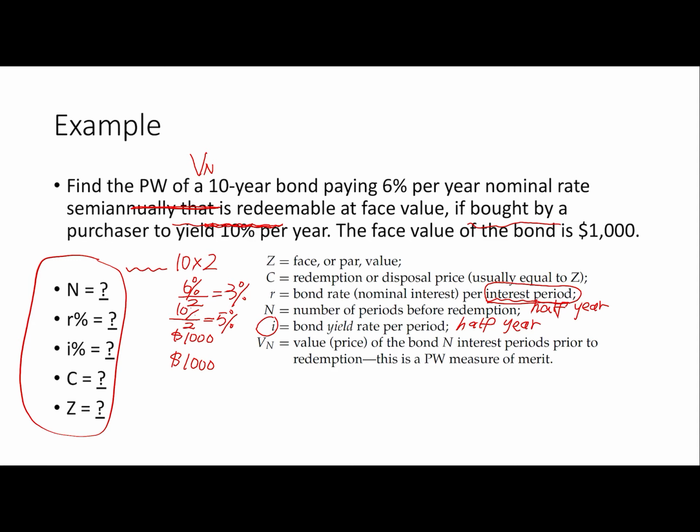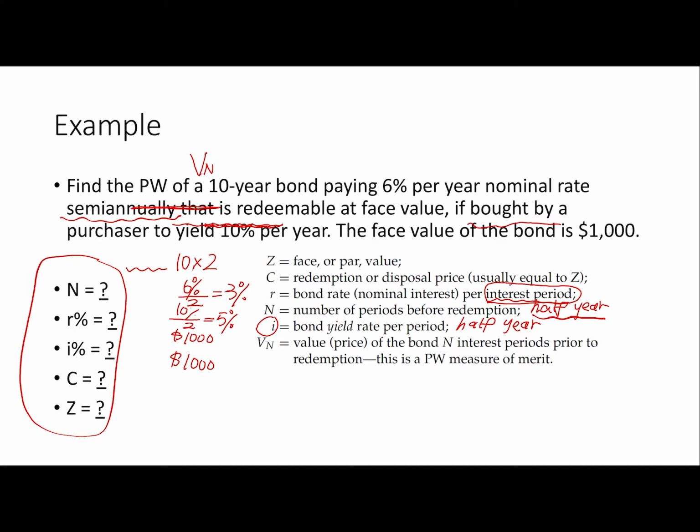And you want to be very careful about the interest period. Okay, in our case it's semi-annually, which means you get the interest every half year. So if the interest is paid every quarter, then in a year you're going to be paid 4 times, and then the quarter will be your interest period.